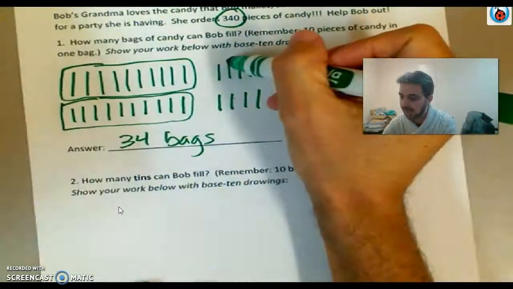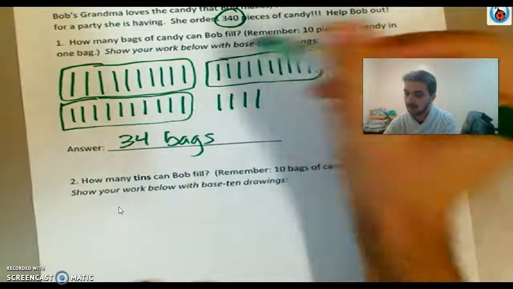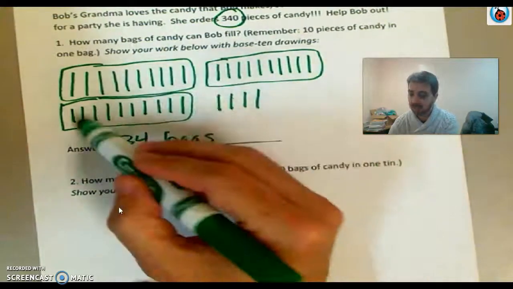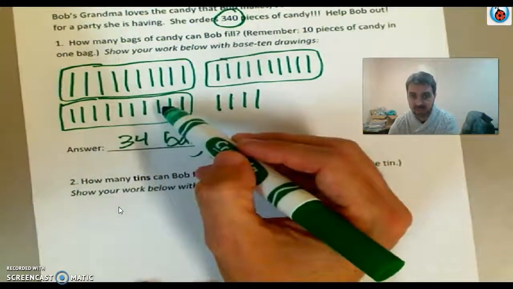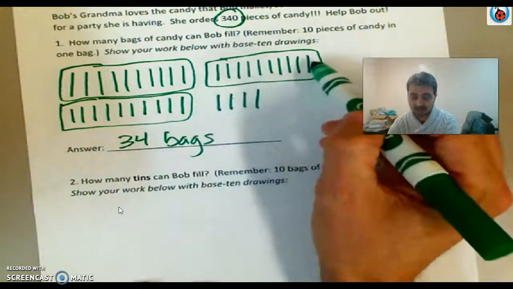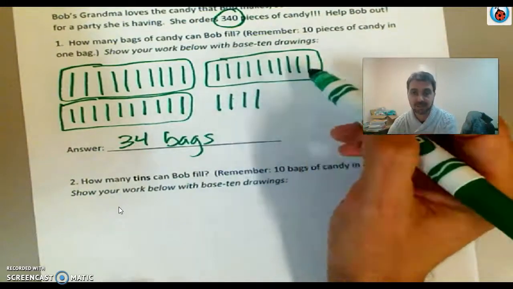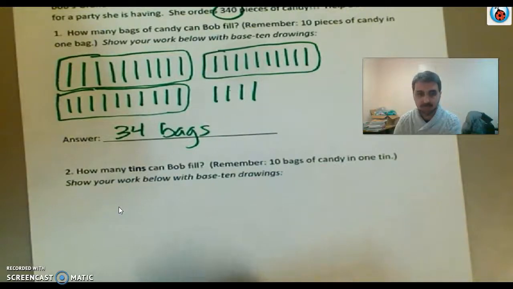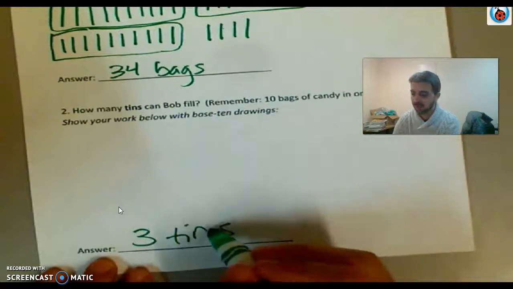It's different. And here's another one. So I've got 10 bags of candy in this candy tin, 10 bags in this candy tin, and 10 bags in this candy tin. So that makes 3 tins. You can fill 3 tins.